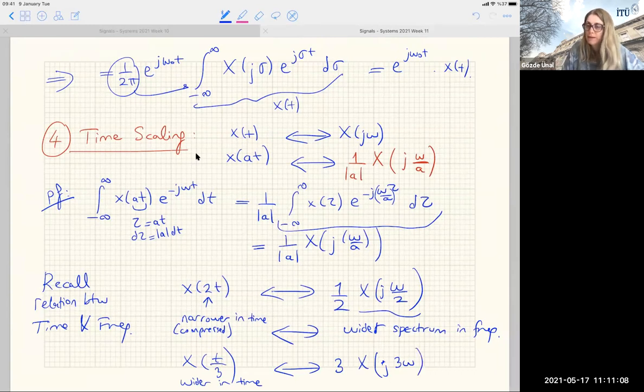This would now be narrower in frequency, right? It's compressed to 1/3. There is some scale, but the important thing here is the axis: narrower in frequency. Okay? This is a wider spectrum, we said. And now this is narrower in frequency.